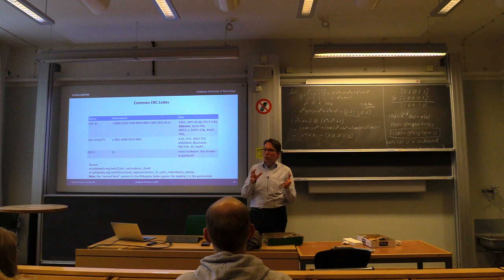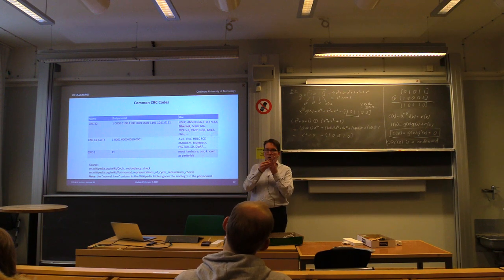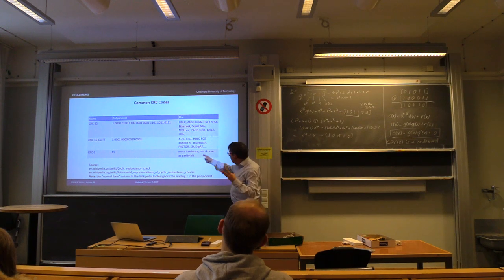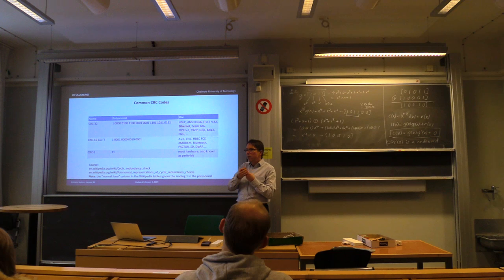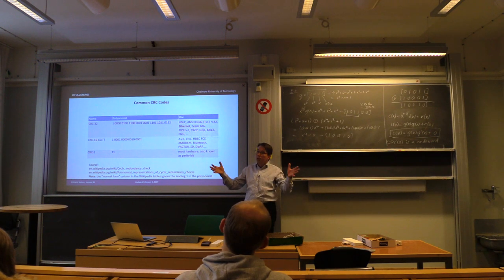And it depends a little bit on the type of error models that we assume, whether these are completely random errors or if there is some structure to the errors. There are 3 basic things: the parity check code, single parity bit like this. There's the internet checksum that we talked about, and then there are the CRCs. In addition to this, there are many other ideas, but these are the 3 main ones and the only ones that we will talk about in this course.